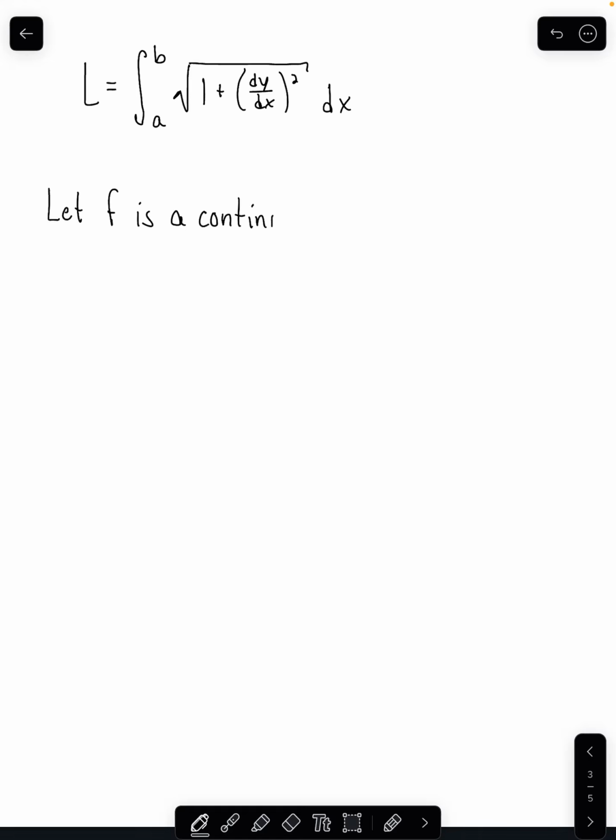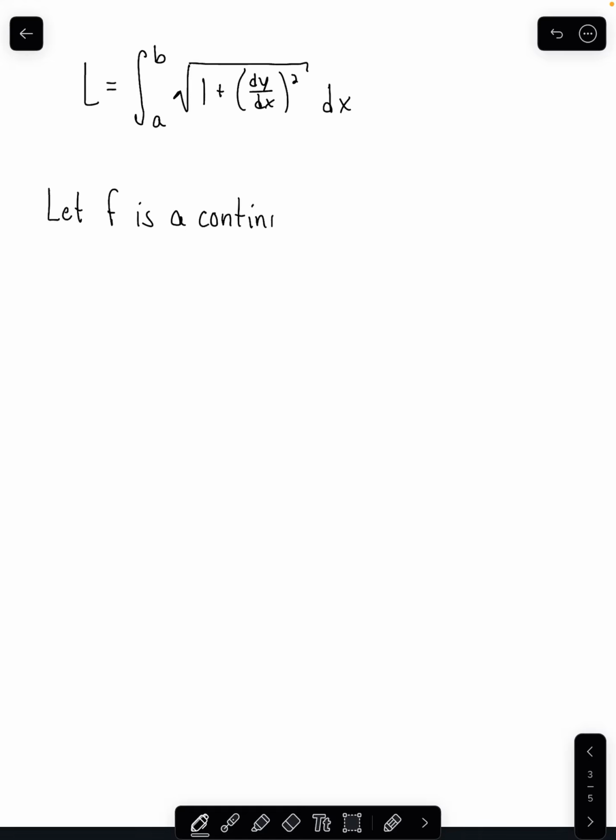The length of the graph of f of x on the interval from a to b, then, is given by the definite integral from a to b of the square root of 1 plus f prime of x squared dx.